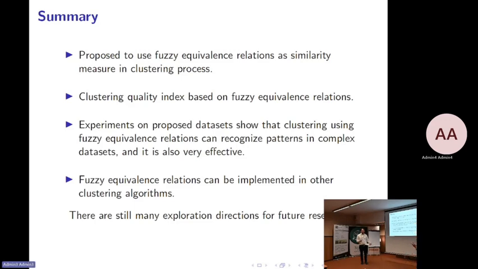Okay, so actually I have a question. You made some comparative analysis of various similarities with respect to clustering. But this is a big pile of methods, and we also saw that for some data sets one equivalence works better, and for another one another works better.